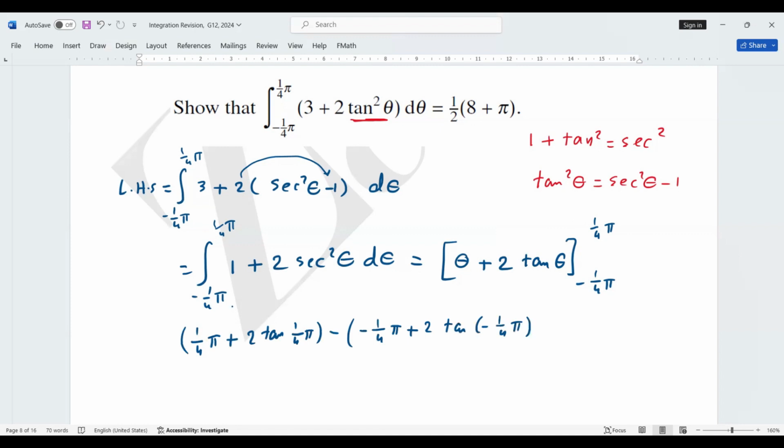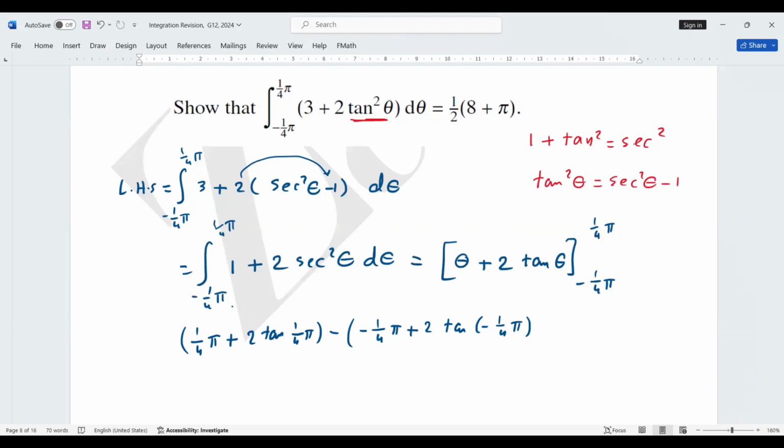If the angle is negative, you can add 2 pi to make it positive because it's equivalent. So negative quarter pi plus 2 pi, so negative 1 over 4 plus 2, it's 7 over 4 pi.